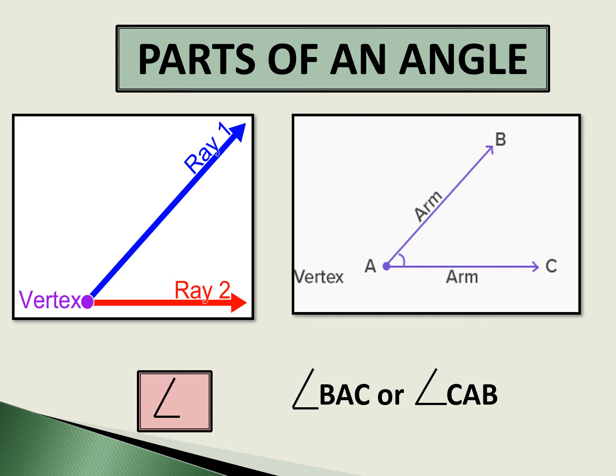The angle alongside is called angle BAC or angle CAB. The symbol for angle is given in the box over here. We write or name the angle in the above figure as angle BAC or angle CAB. Whenever we are naming an angle, we need to put the sign of the angle along with it.